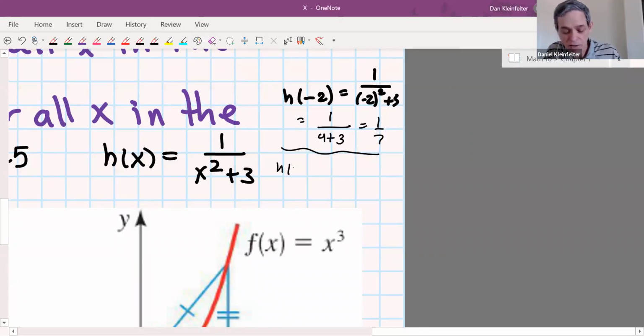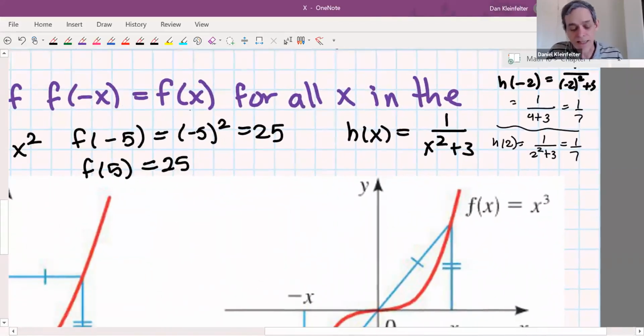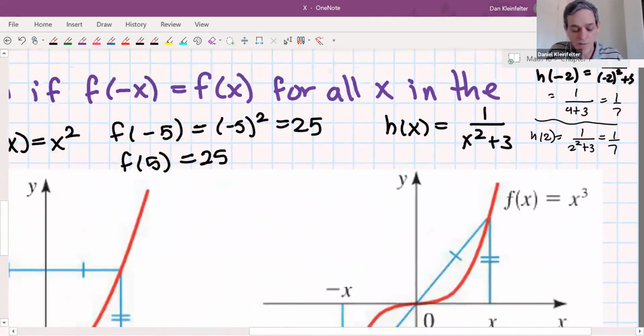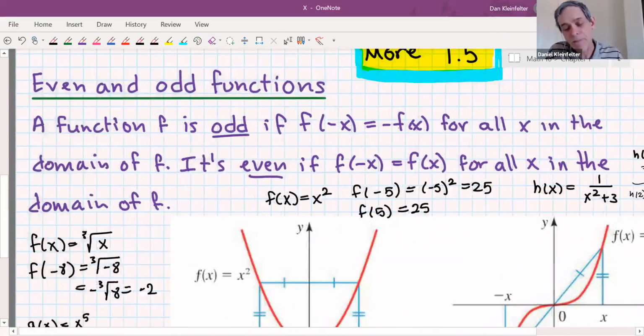And then h of 2 is 1 over 2 squared plus 3, which is also 1/7. For an even function, finding f of minus x is the same as finding f of x. For an odd function, f of minus x is minus f of x.